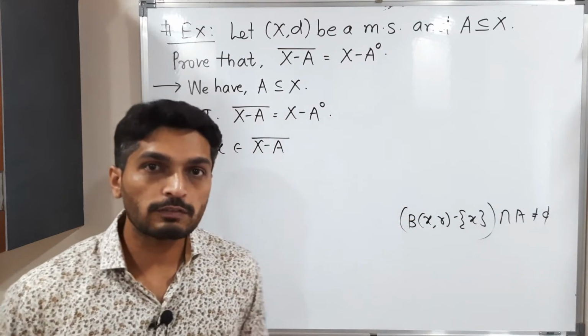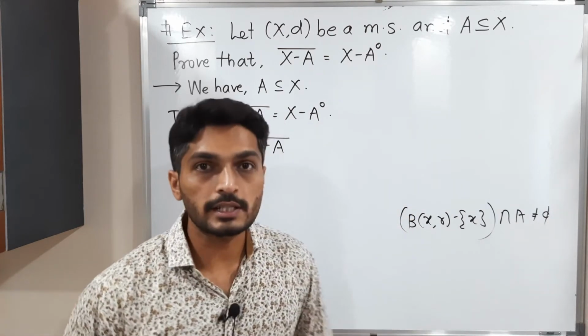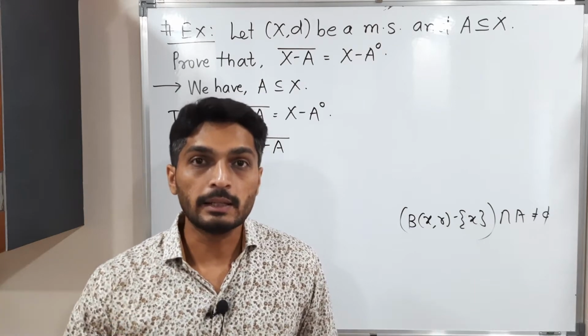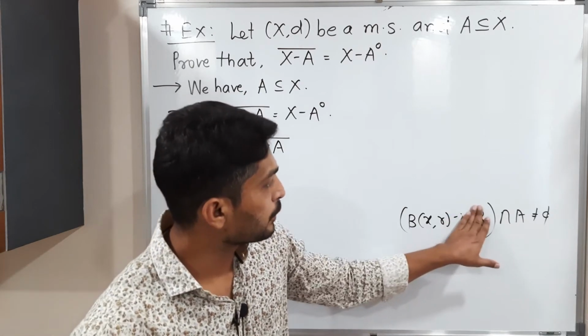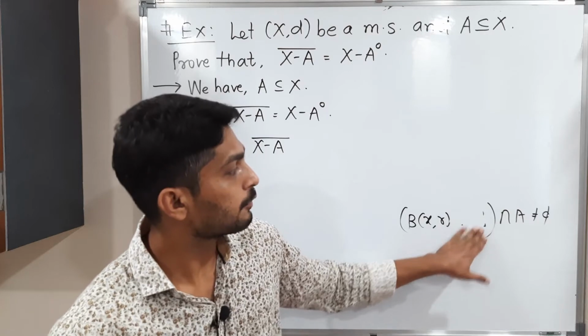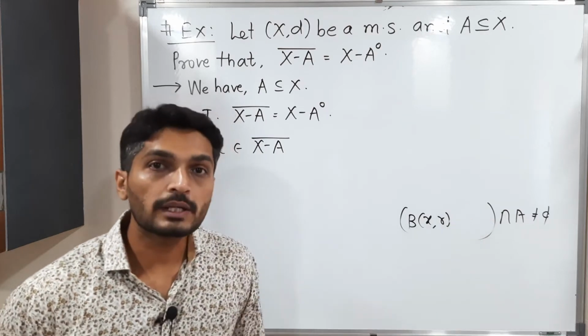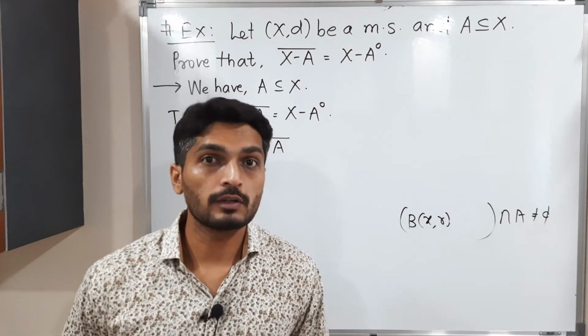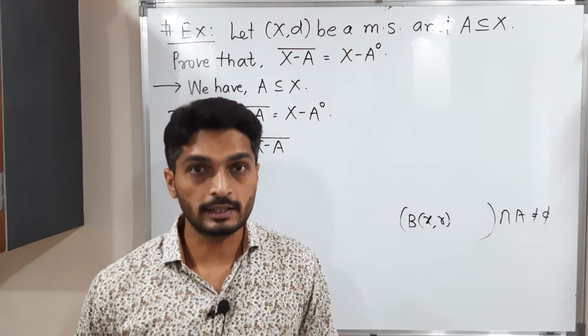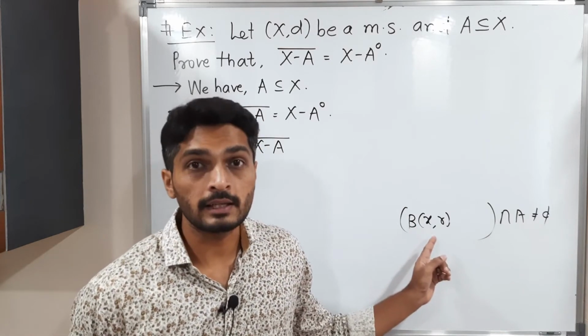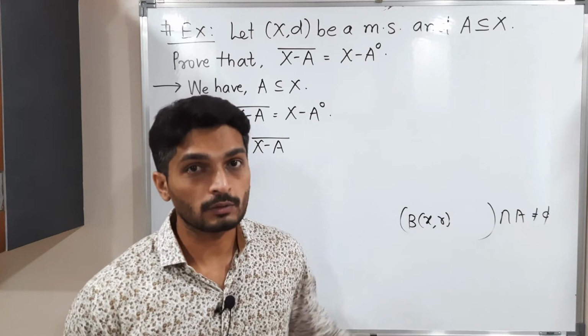This is the definition of limit point. If this definition is satisfied, we can declare x is a limit point of A. If you remove this part from this definition, then we get the definition of a point of a closure set. Then we can declare x belongs to A bar, closure of A.